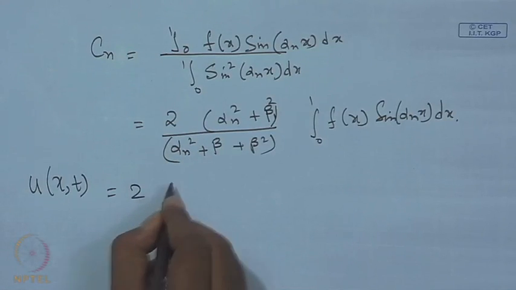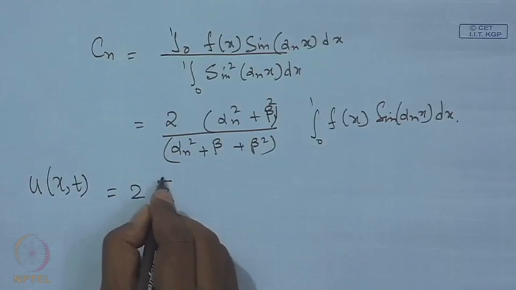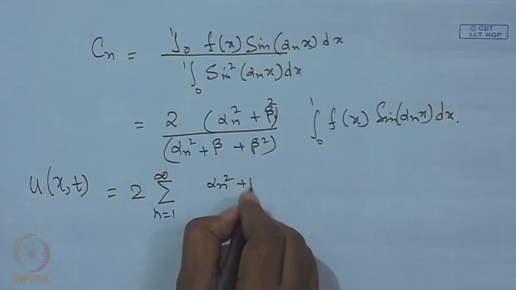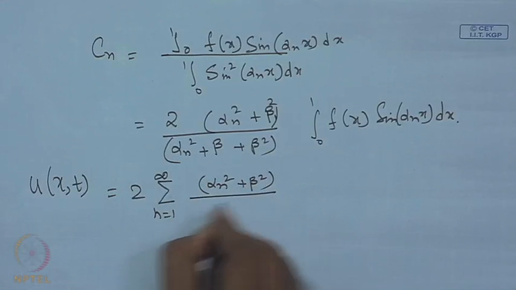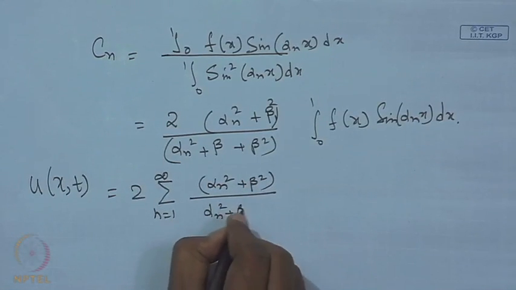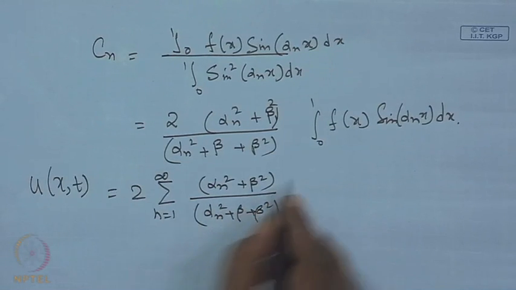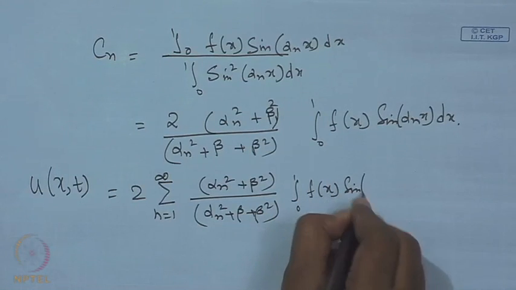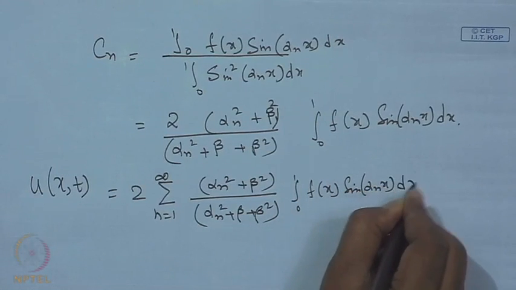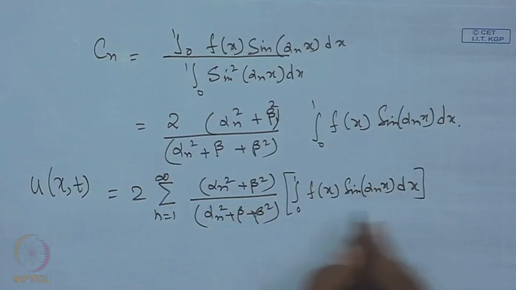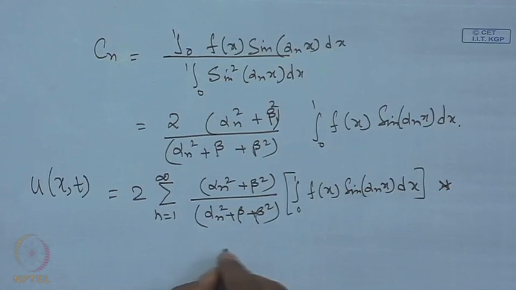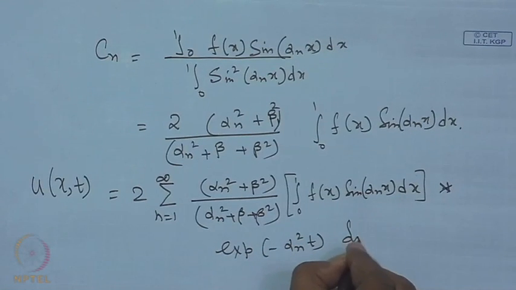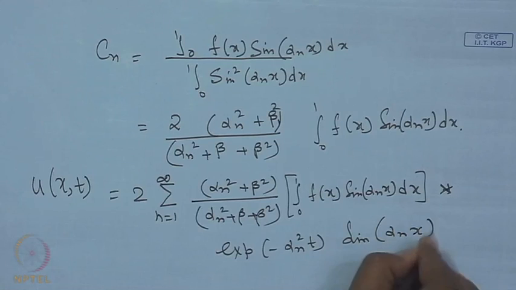So, this becomes 2 summation n is equal to 1 to infinity, alpha n square plus beta square divided by alpha n square plus beta square, integral 0 to 1 f of x sin alpha n x dx. This is within the third bracket, multiplied by exponential minus alpha n square t sin alpha n x.